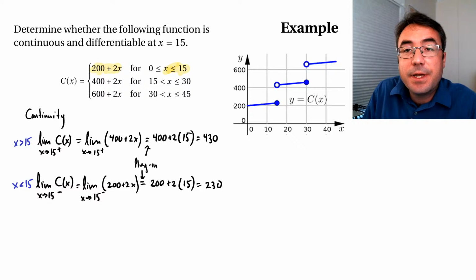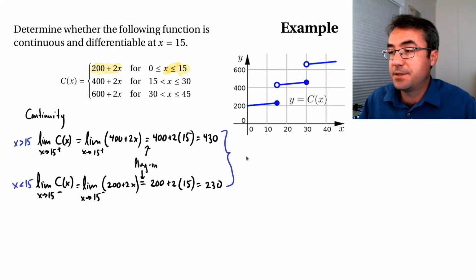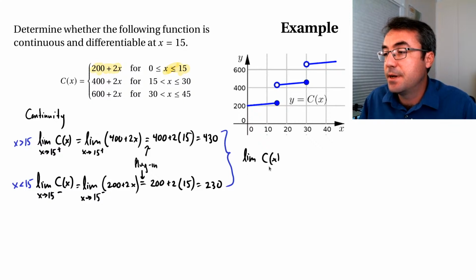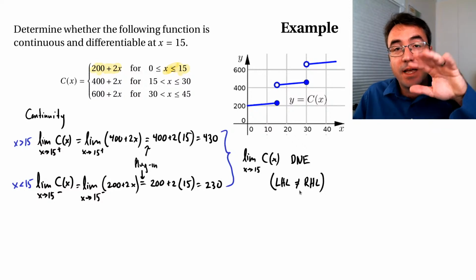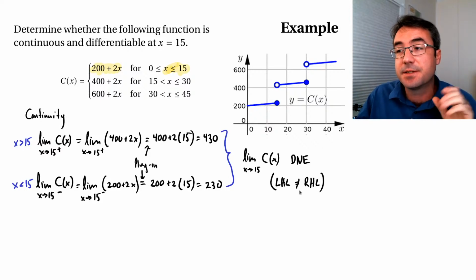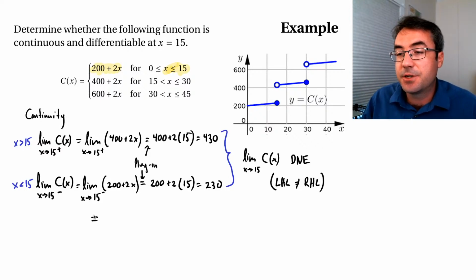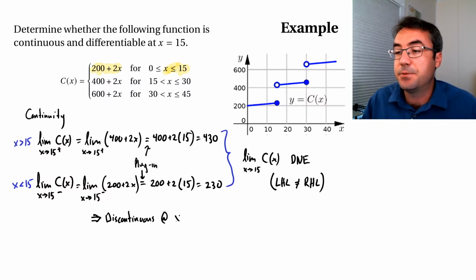And so putting those two together, what we see is because they're different, the limit of c(x) as x approaches 15 in general does not exist. The reason is that the left-hand limit does not equal the right-hand limit. So because that overall limit does not exist, and the left-hand and right-hand pieces are different, what we can say is that this function is discontinuous at x equals 15.